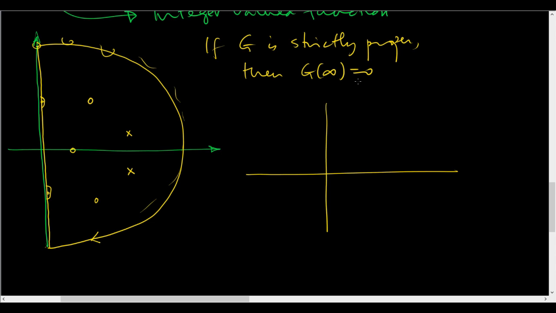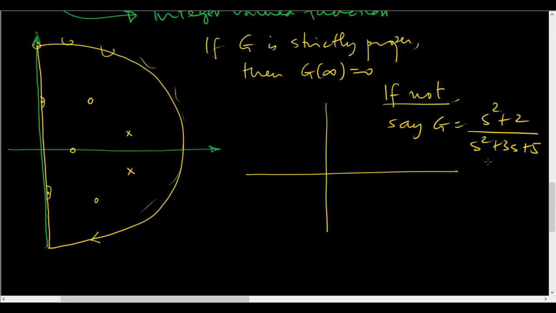So suppose, say G is s square plus 2 by s square plus 3s plus 5, so still proper, not strictly proper, then G of infinity equals 1. Okay, very good.